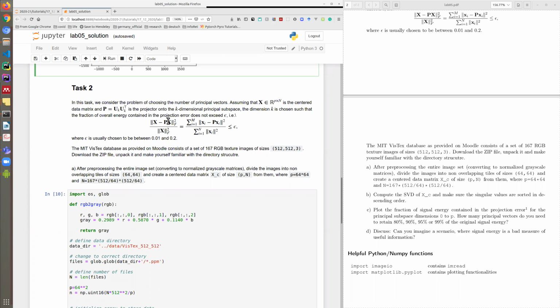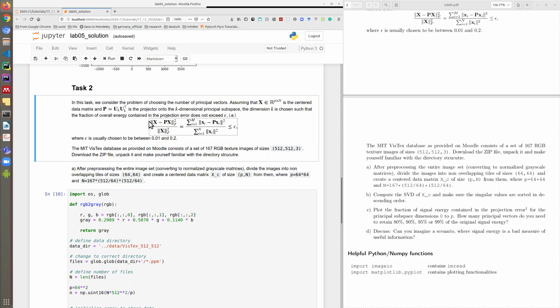So what's our aim here? The aim is, when X is projected to the column space defined by the first k columns of U, the loading matrix, we want to ensure that the difference between X and the projected X should not exceed a certain threshold.